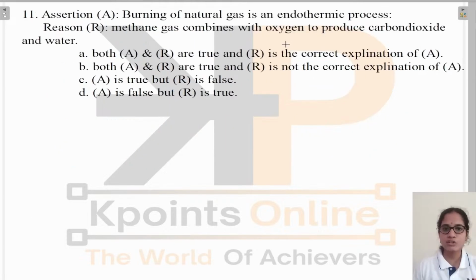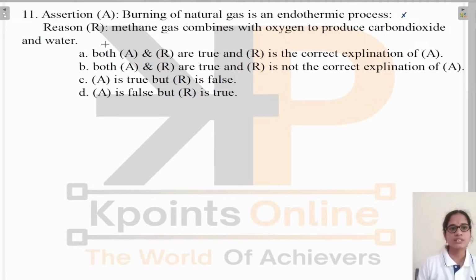Okay. Next, burning of natural gas is an endothermic process. Is it true? No. Burning of natural gas is an exothermic process because during the burning of natural gas a lot of heat is released. So it is not an endothermic process, it is an exothermic process. So assertion A is false.